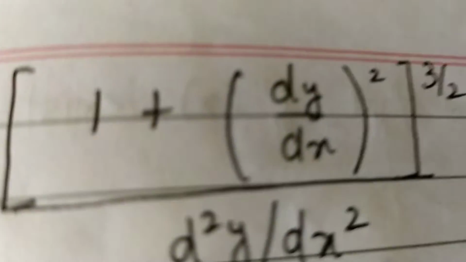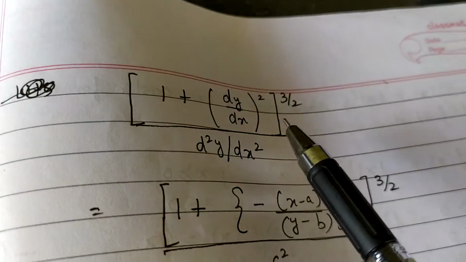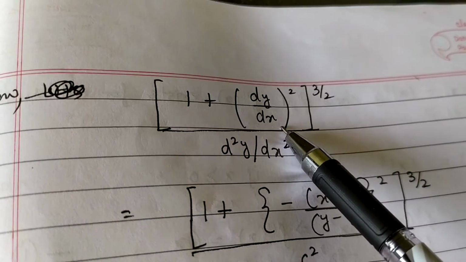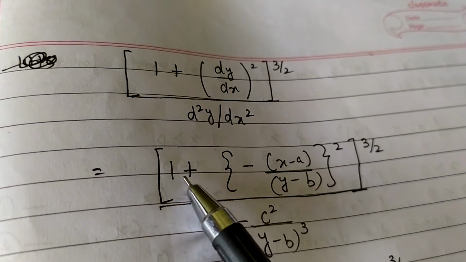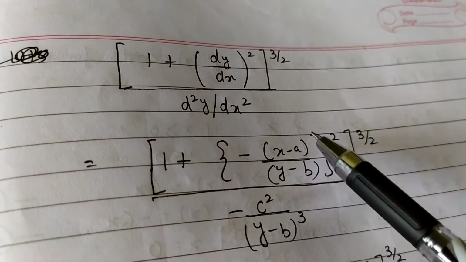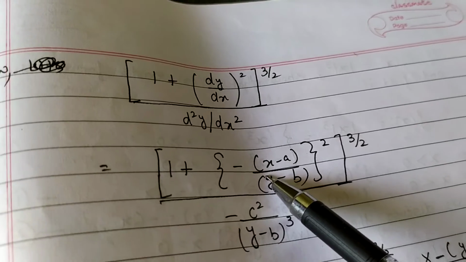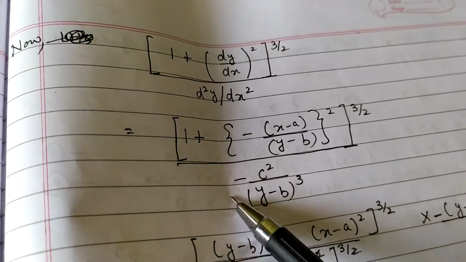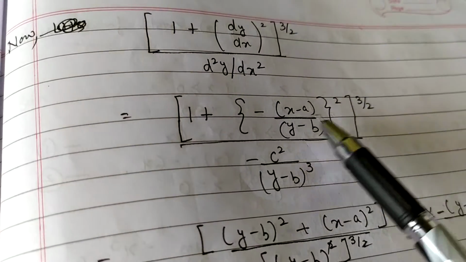So now what we are going to do, we are going to substitute our values in the given expression. So this was the given expression. We have to prove that the value of this expression is independent of a and b. So when I substitute 1 plus dy by dx, the value of dy by dx I have substituted, and also I will substitute the value of d2y by dx square, it was raised to the power 3 by 2, the numerator.